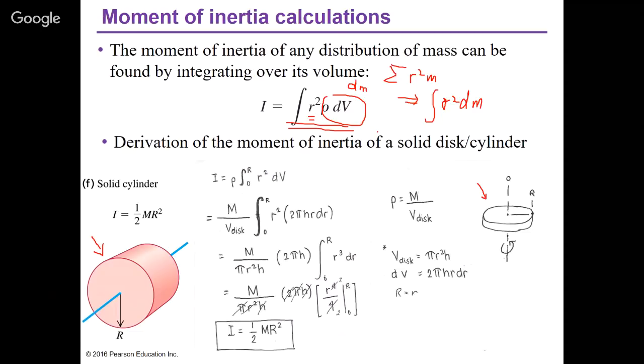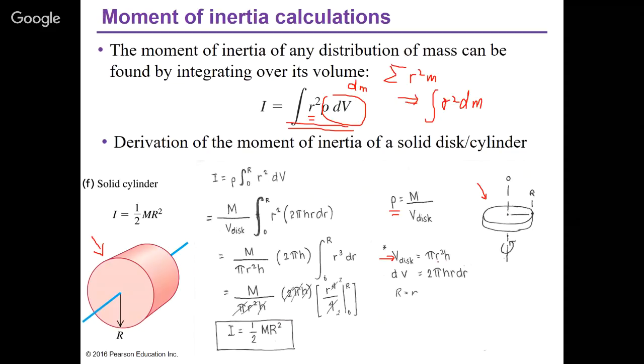Let's together derive the moment of inertia of a solid disk cylinder. First, if the mass of the cylinder is M, then rho is M divided by V of the disk. Let's look at how the volume is calculated.